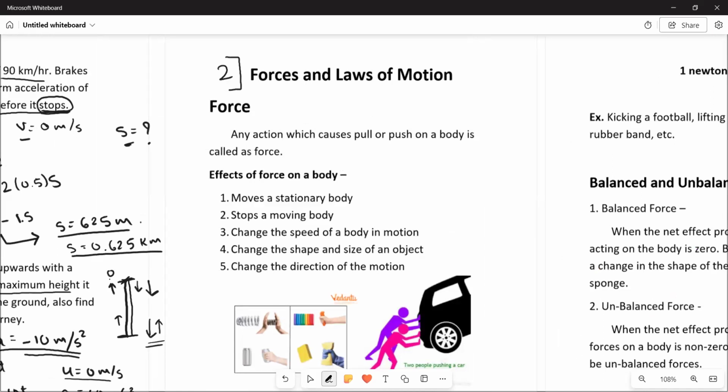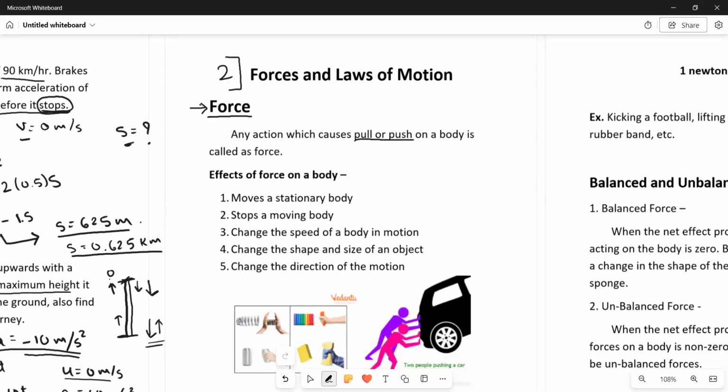So in this chapter, we'll first discuss what is force. First of all, what is force? You can see here, any action which causes pull or push on a body, it's called force.